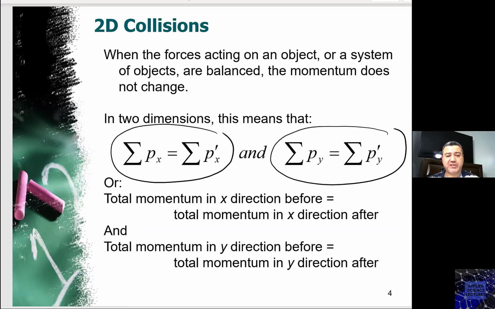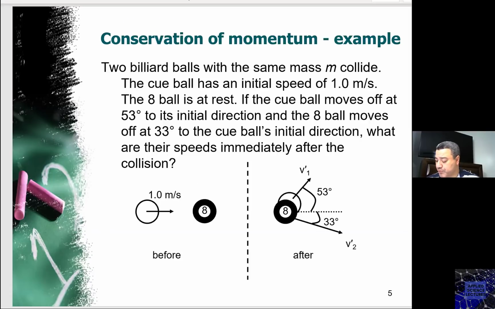We have velocities that we will be projecting on x and y, and we will be looking at the momentum before for the x components equals the momentum after for the x components, and at the same time the momentum before for the y components equals the momentum after for the y components as well.